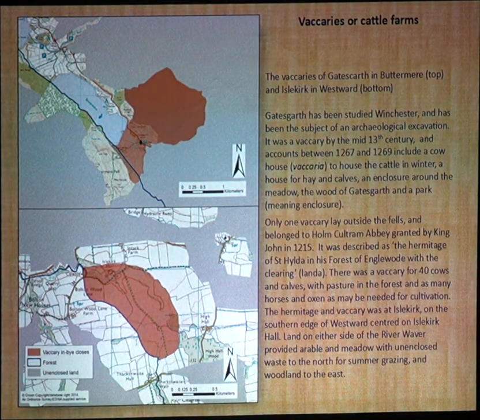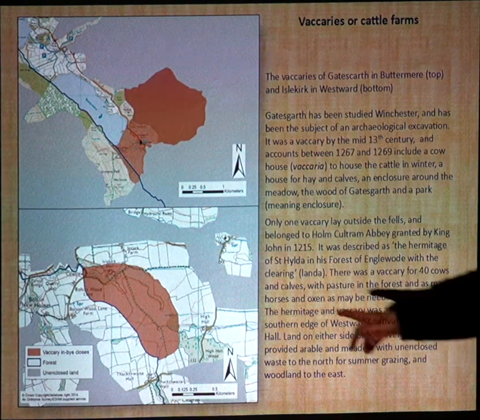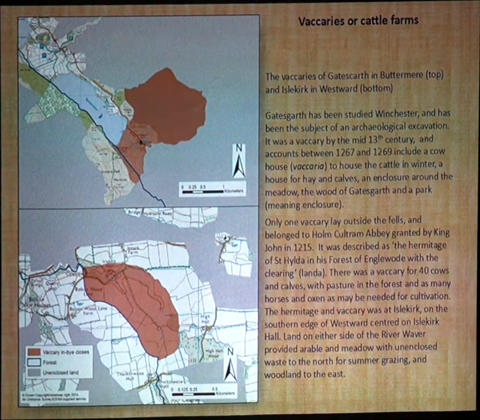So they have in-by land where they fold the cattle in the winter to manure it, and they could control the cattle, separate them out, cull cattle, sell them off, and then they would graze them up on the fells in the summer. There's only one very lowland one, which is near Cockermouth again, which actually belonged to Holm Cultram Abbey. Next, please. There's just quick examples, really.